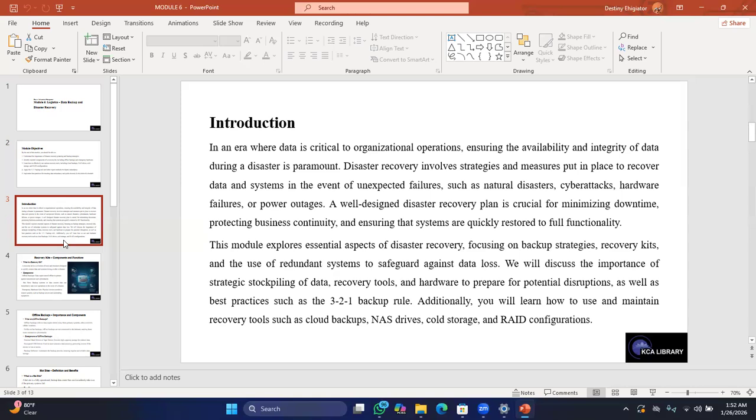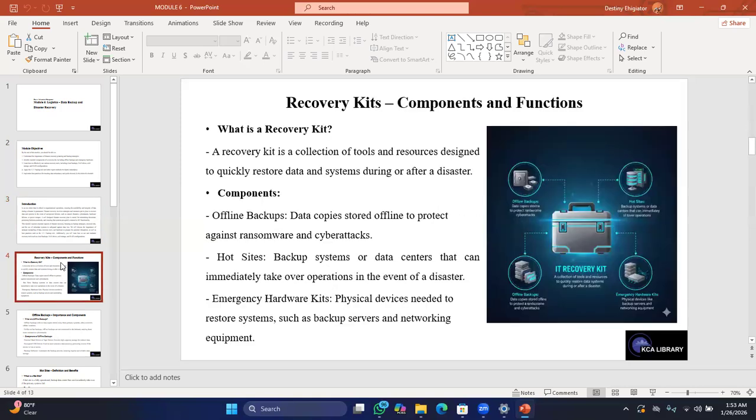We'll discuss the importance of strategic stockpiling of data, recovery tools, and hardware to prepare for potential disruptions, as well as best practices such as the 3-2-1 backup rule. Additionally, we'll learn how to use and maintain recovery tools such as cloud backup, NAS drives, cold storage, and RAID configuration. Let's start with the recovery kit, its components and functions.